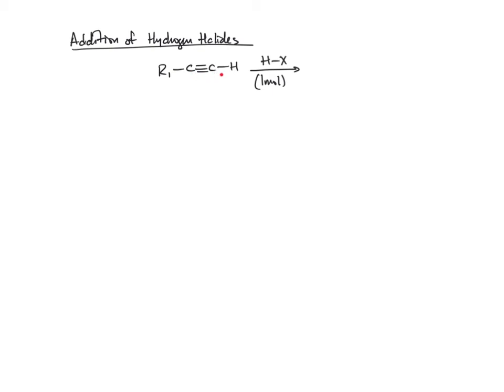So our choice here, the terminal carbon, which has the hydrogen, gets protonated. That's going to generate a carbocation there that is then trapped by the conjugate base of this acid.